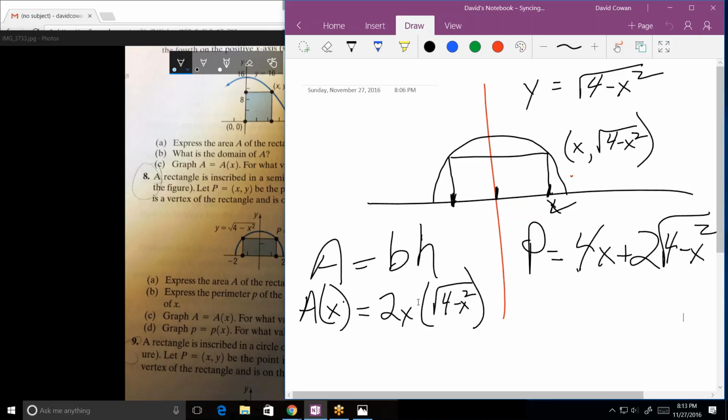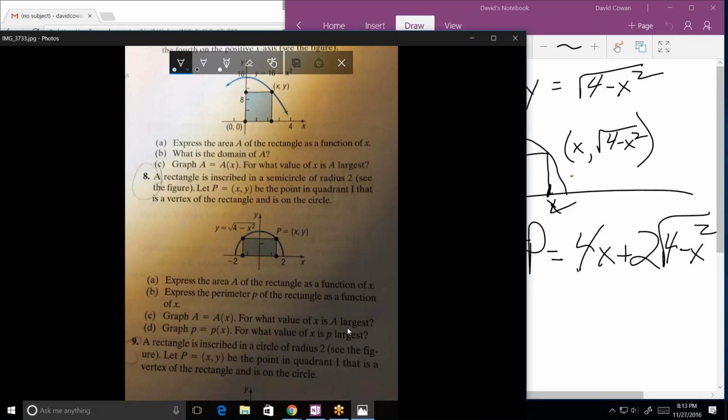In other words, you have to put the A of x function into your calculator, and then find where on that function A is the largest, because this is the calculus question. The calculus question is, what is the area of the maximum rectangle that I can fit into that semicircle?